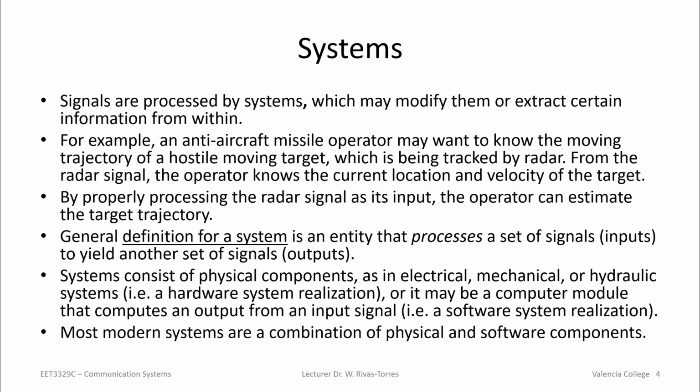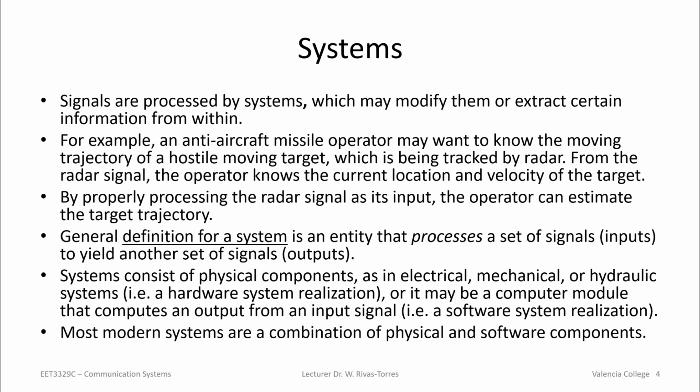So the definition for a system is an entity that processes a set of signals or inputs to yield another set of signals or outputs, which is very similar to what we were talking about in our first lecture: the message, which is the thing that we want to send through the system, and we want to be able to extract the message on the other side. This is just another way of looking at it.